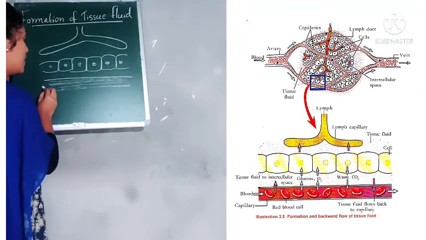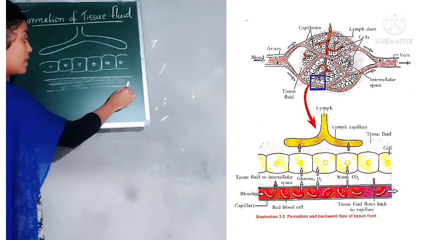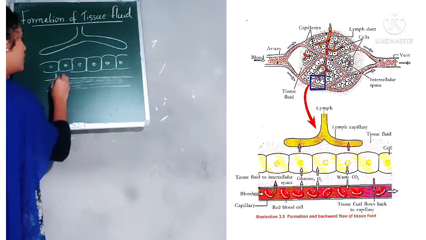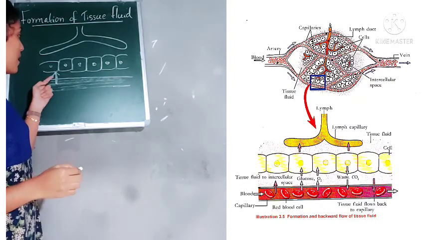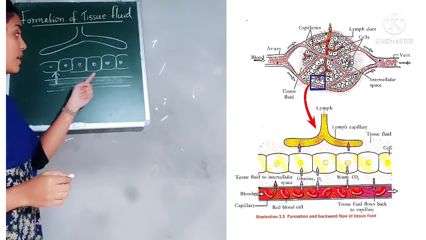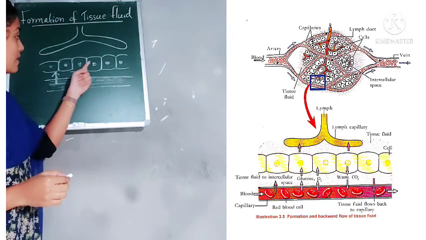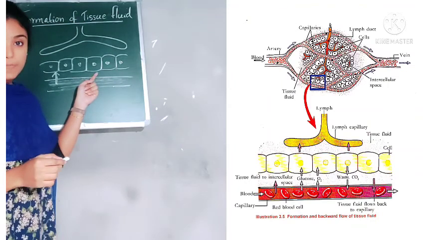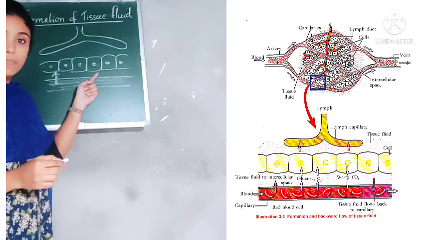So when blood flows through this capillary, the fluid part of the blood oozes out into this space. This is the space between the blood capillary and the cells, and this space is known as intercellular space or interstitial space.